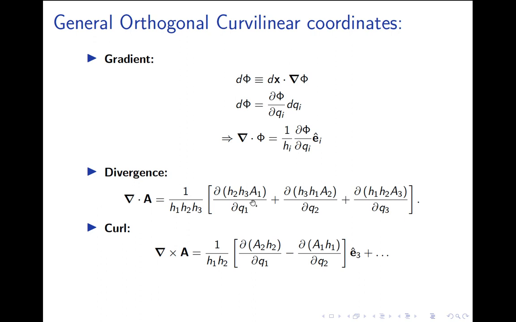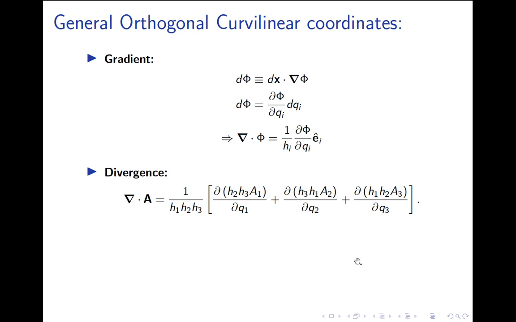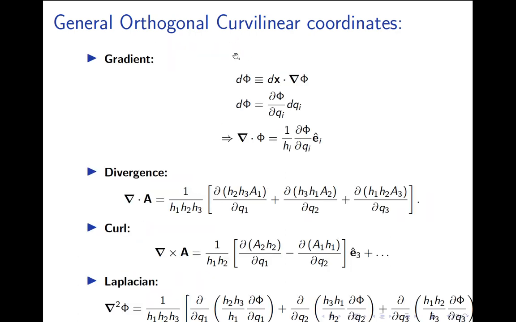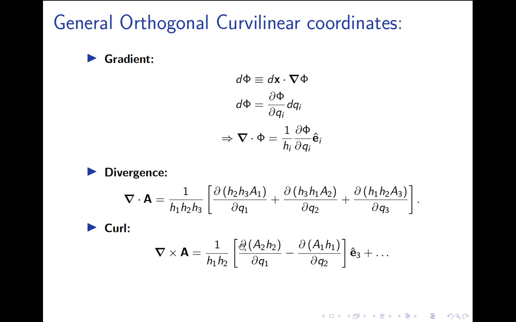And the curl, for example, the third component, e3, is the third component, not to be confused with the z-axis, because here we are not considering the z-axis but the third coordinate q3 in general. So that is given by this formula. Again, if you remember the geometric interpretation of curl, it has circulation divided by the area element.